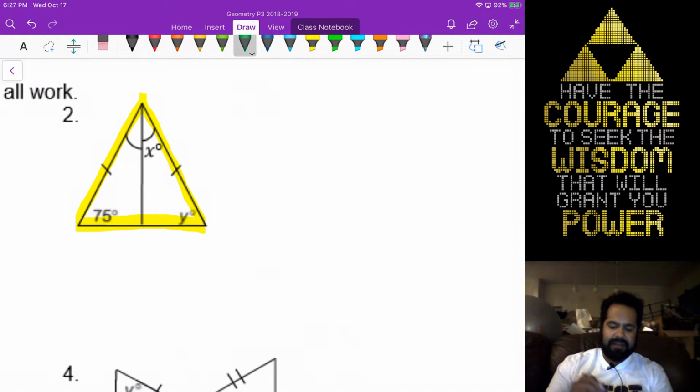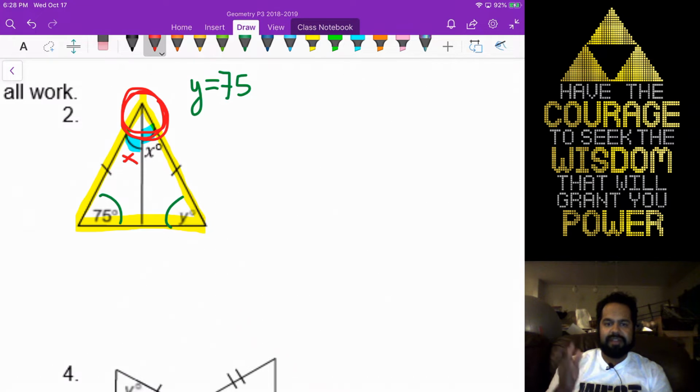So again, I know that these base angles are congruent. There we go. Now, those markings up there for x tell us that this angle and this angle both have a value of x. If I isolate this corner, the total angle measure there is x plus x, which is 2x.